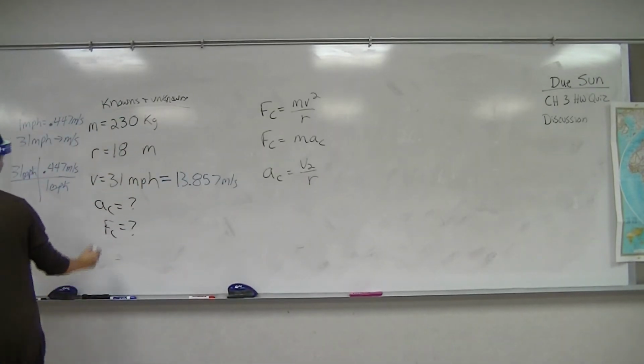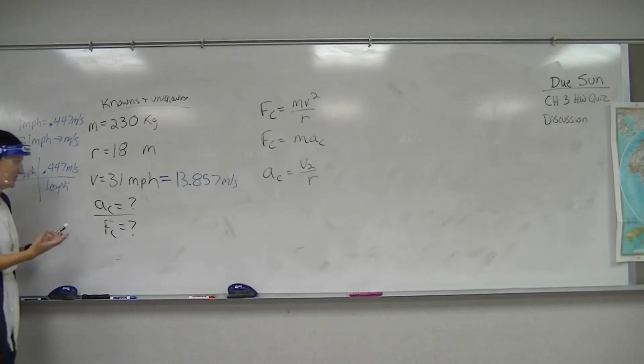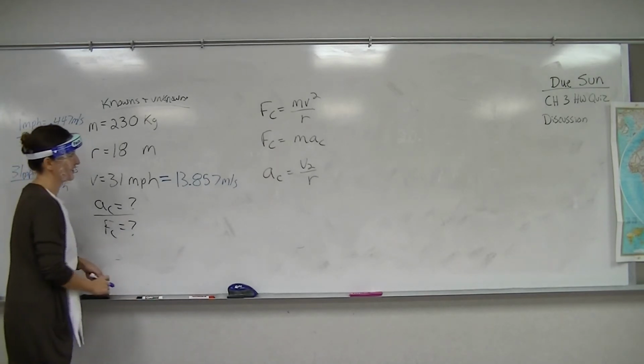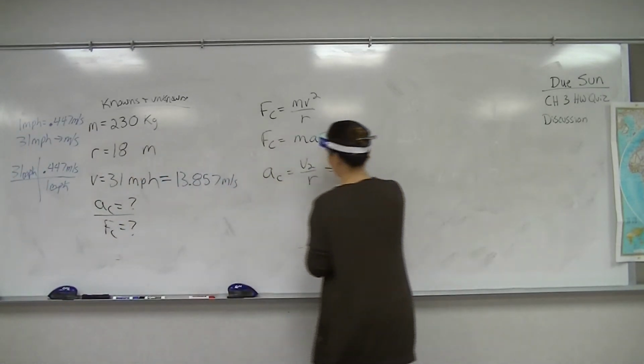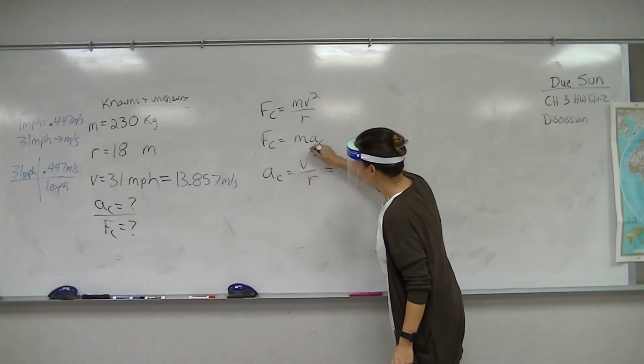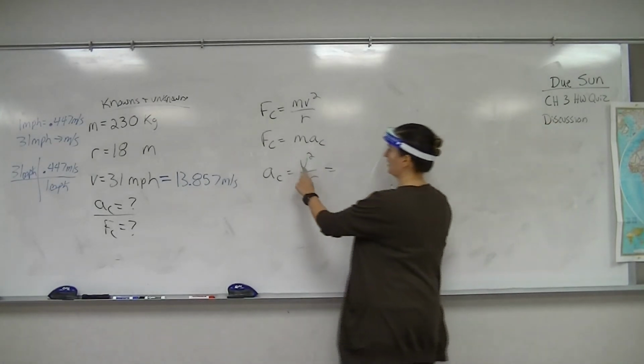So we only have one equation to solve for centripetal acceleration, so we have to use that equation. Kind of narrows it down for us a little bit. Do I have velocity and radius? This is squared. That shouldn't have been down there. Sorry. It did it as a subscript instead of a superscript.